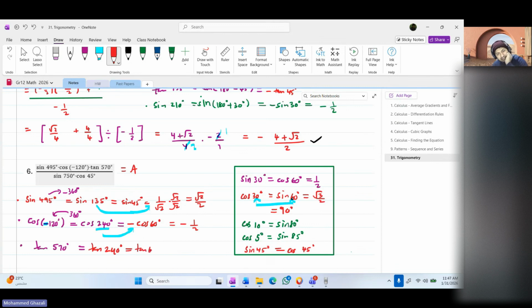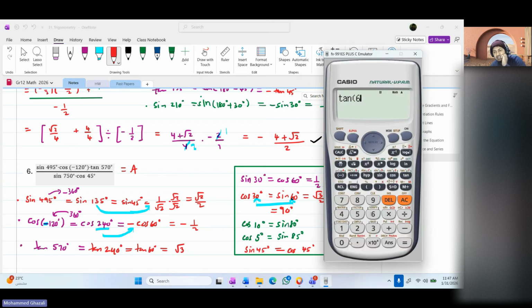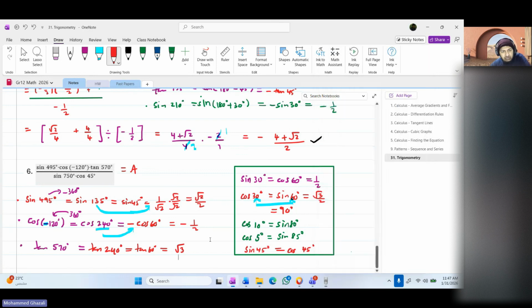So tan 60, right? And if you type tan 60, you'll just get root 3, I think. Degree mode. Make sure the calculator is in degree mode. Tan 60. Right, so I'm getting root 3, or you can use your triangles to solve.